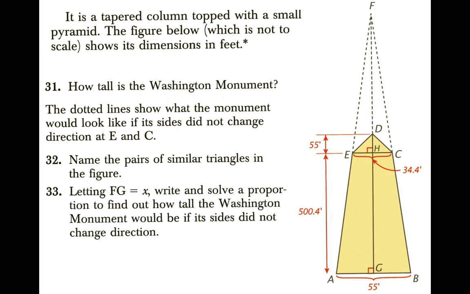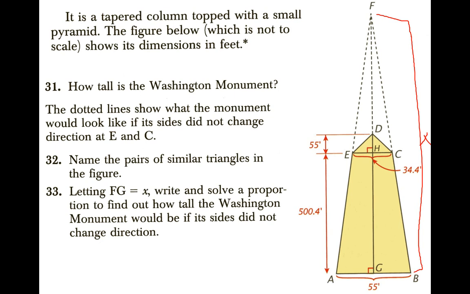Now they're going to put in a variable FG. So from the top all the way down to the bottom here, that's going to be the value of x. It's right inside here too, but I didn't want to scribble in there.